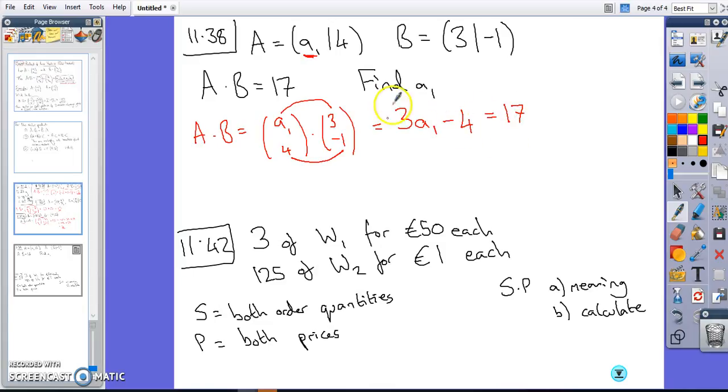So we just need to solve a simple algebraic equation. So we can add 4, we know that 3a1 is equal to 21, and divide by 3, and we get a1 is equal to 7.